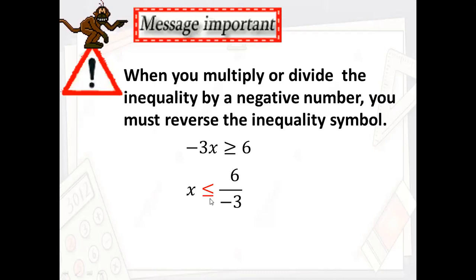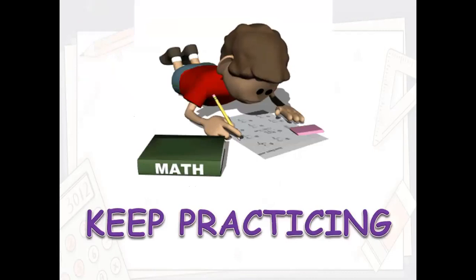If you are dividing or multiplying by a negative number, then you need to flip the sign. As you can see, the sign has flipped. So this is going to be x is less than or equal to negative 2. This is the very important part which you need to keep in mind when you're solving the inequality chapter. So let's start practicing.